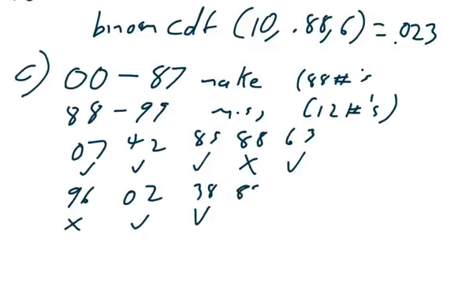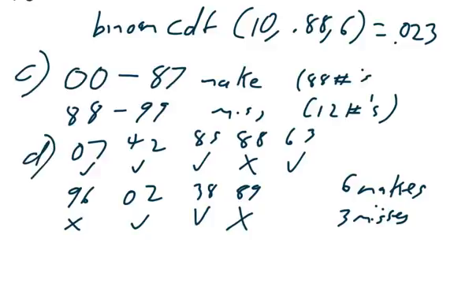And 89 is a miss. So 6 makes, 3 misses. And that was for letter D.